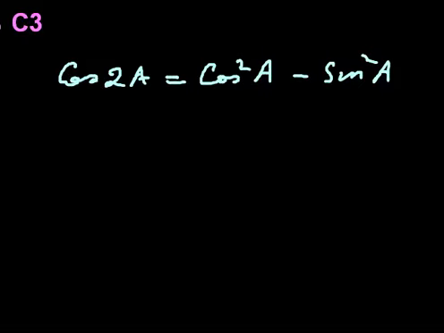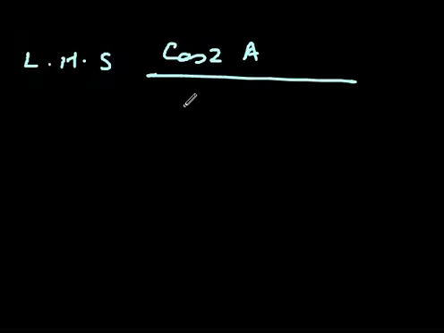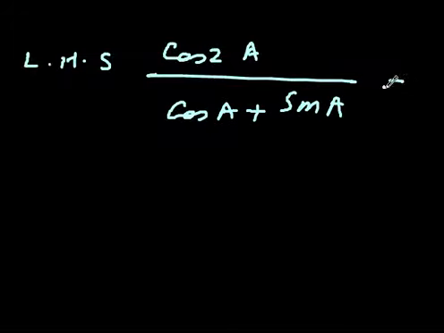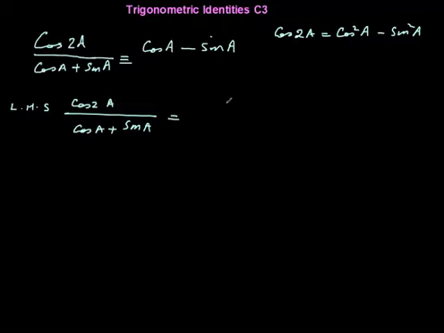I've got more on the left hand side, so I must make a start from the left hand side. On the left hand side I've got cos of 2a over cos of a plus sine of a. Now if I write the formula down here, it's cos squared a minus sine squared a, divided by cos of a plus sine of a.